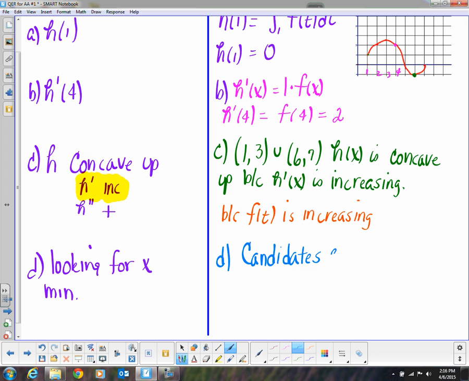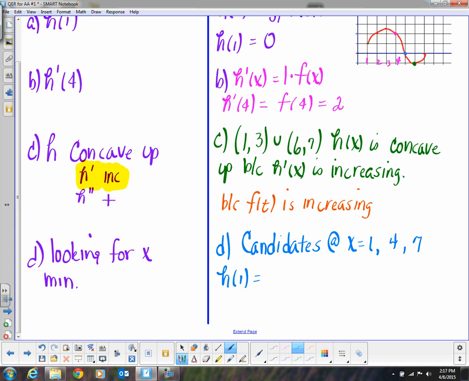The candidates are at x equal 1, that's an endpoint, x equal 4, because that's a critical number where the derivative equals 0, or at x equals 7. Now I know h of 1, we found that earlier, h of 1 is indeed 0. So we know that.